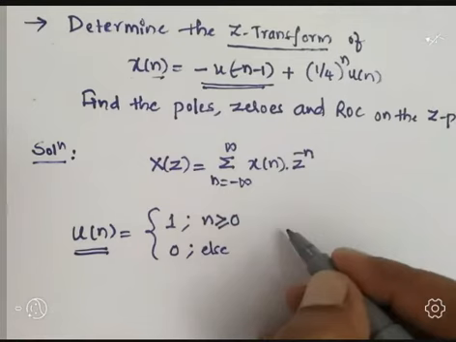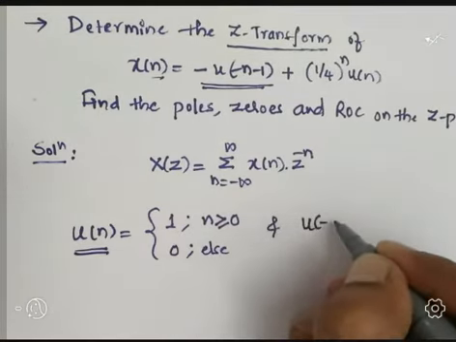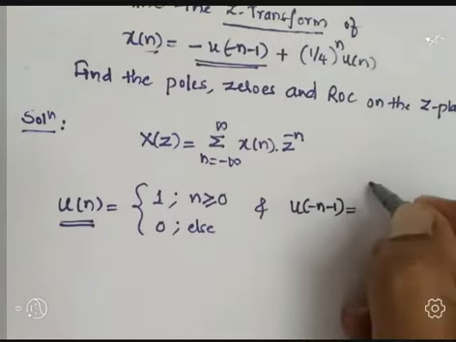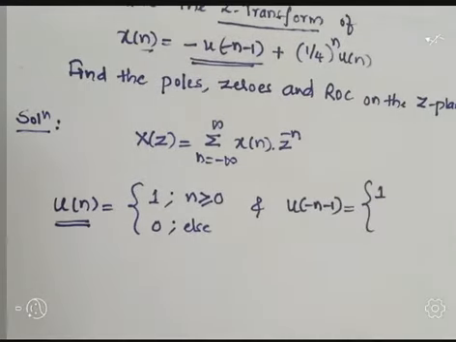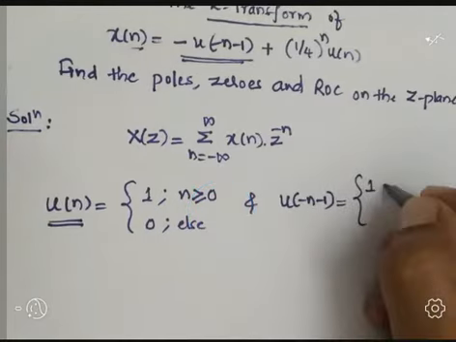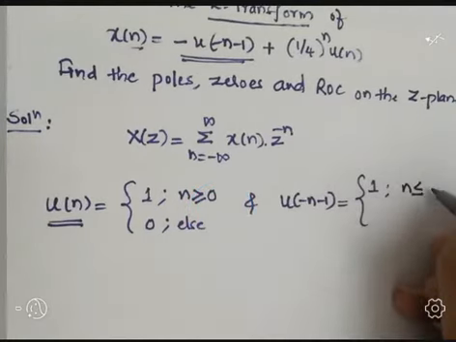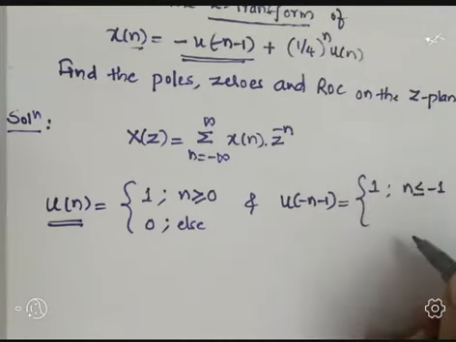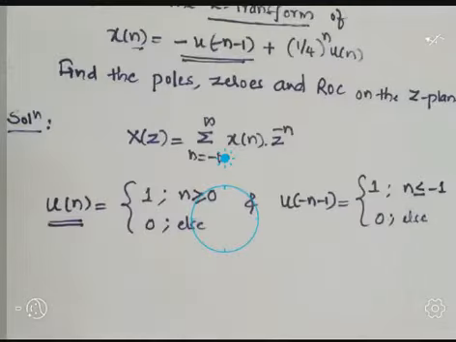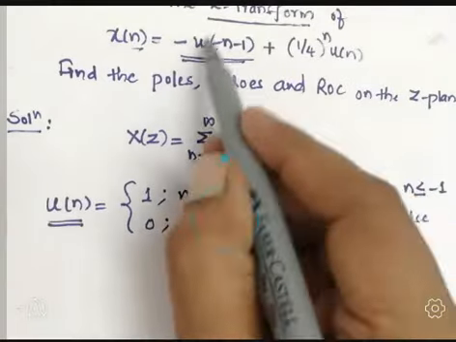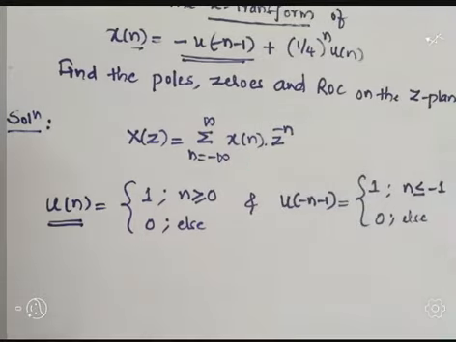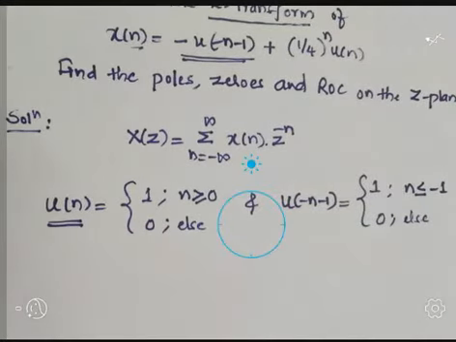So then we can write u of minus n minus 1. It also has amplitude 1, but for n less than or equal to minus 1, else it is 0. Nothing but the value of u of minus n minus 1 is 1 only for n less than or equal to minus 1.